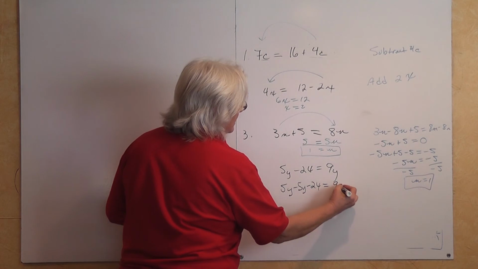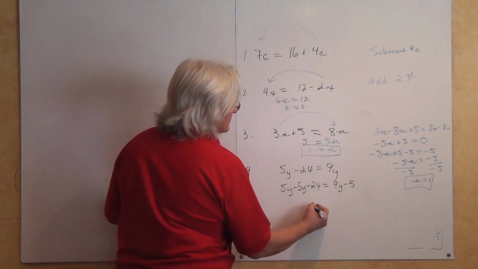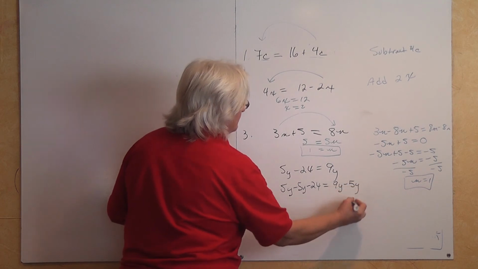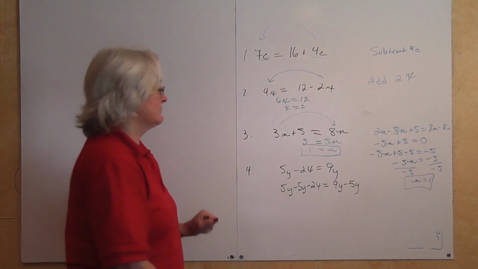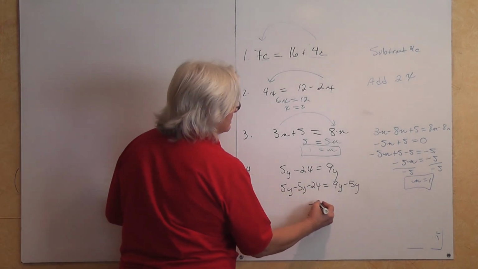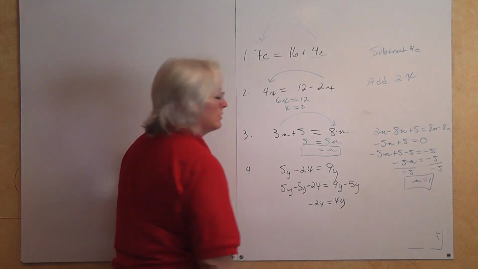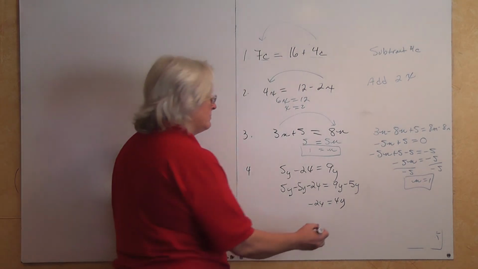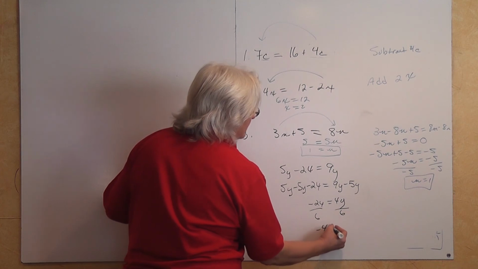Negative 24 is equal to 9y minus 5y, which is 4y. We'll go ahead and divide both sides of this equation by negative 4.